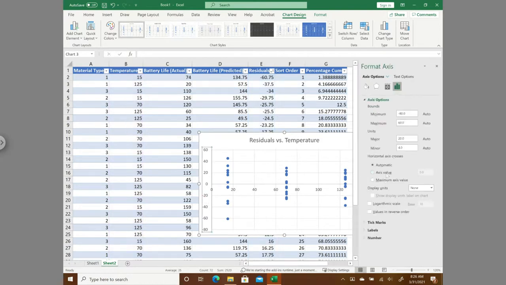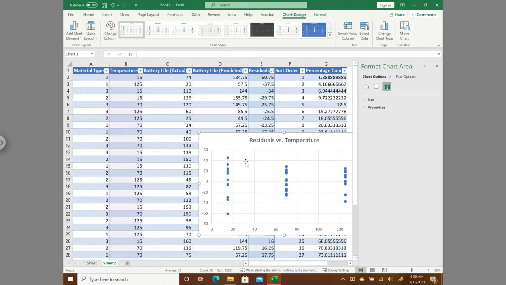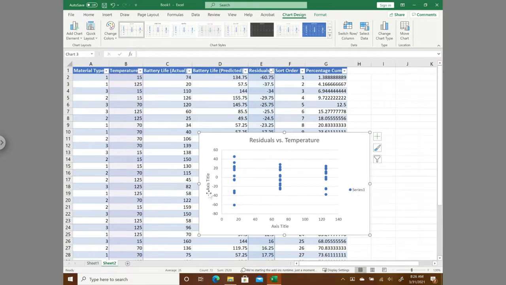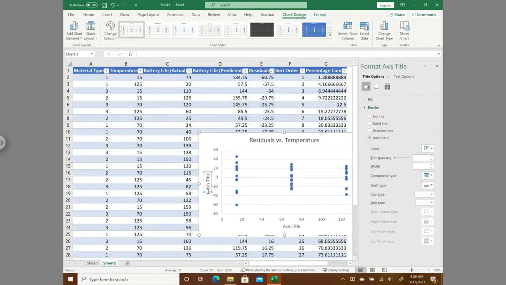So horizontal axis crosses y-axis at minus 80, and then we can add the axis titles here. The y-axis is basically residuals, and the x-axis is temperature.